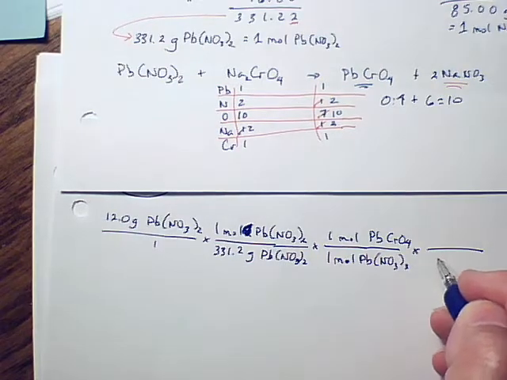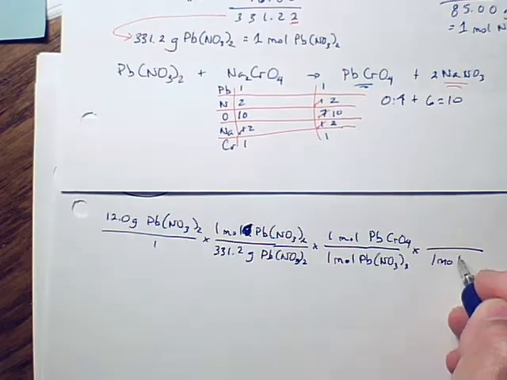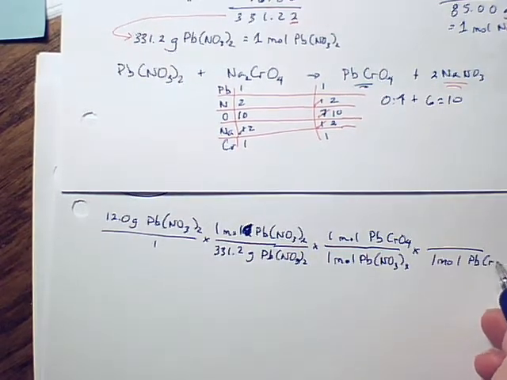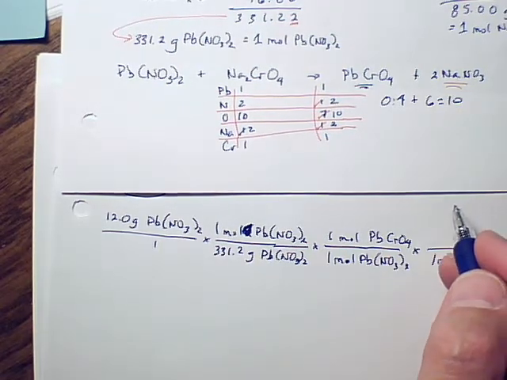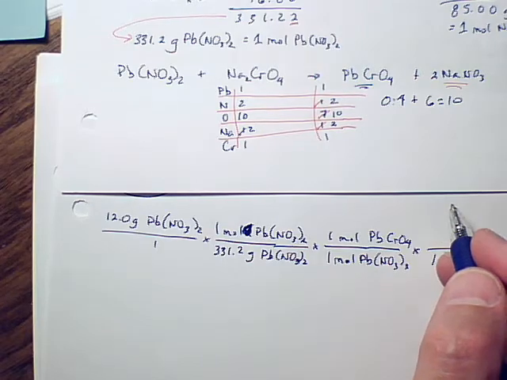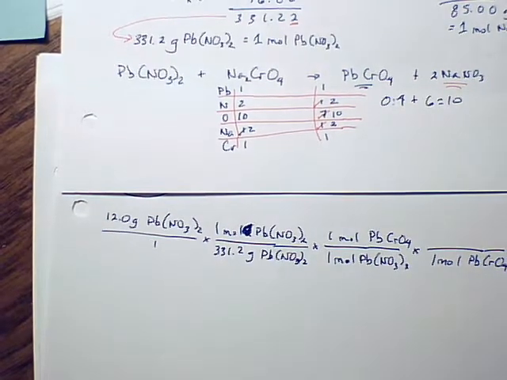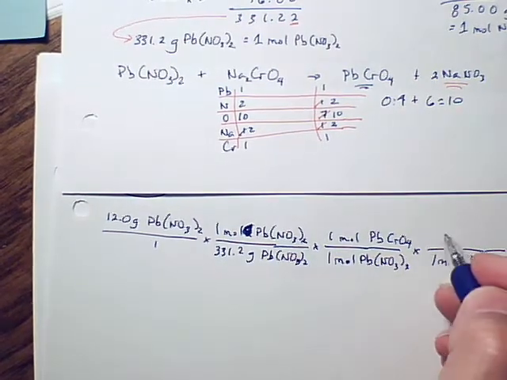And I got 323.2 as the molar mass of lead chromate.